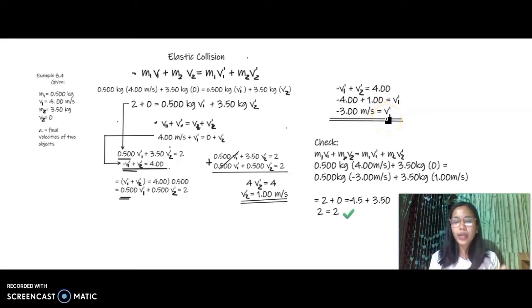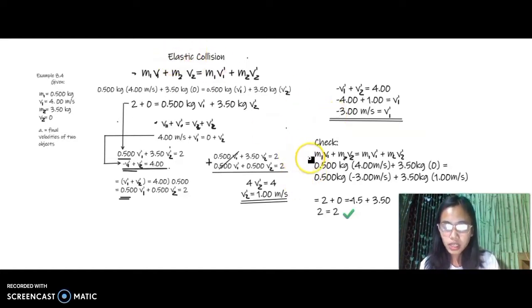So now we already have the values of the v prime 1, which is negative 3 meters per second, and our v prime 2, which is 1 meter per second. Now all we're going to do is check if our computation is right, since we used the simplified version of that formula. Now we're going to substitute the given and our calculation to the formula.